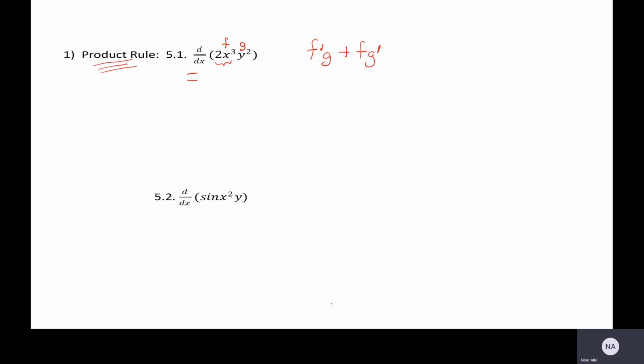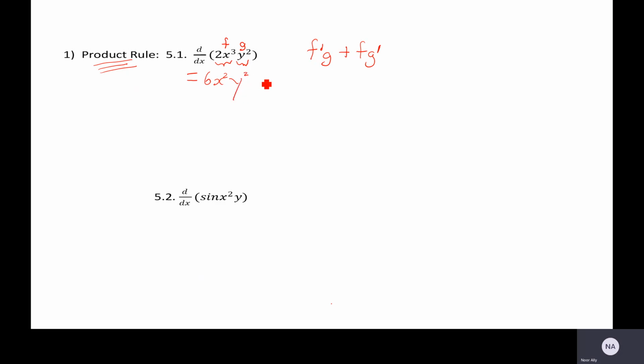The derivative of f is 6x squared. Leave the y squared.